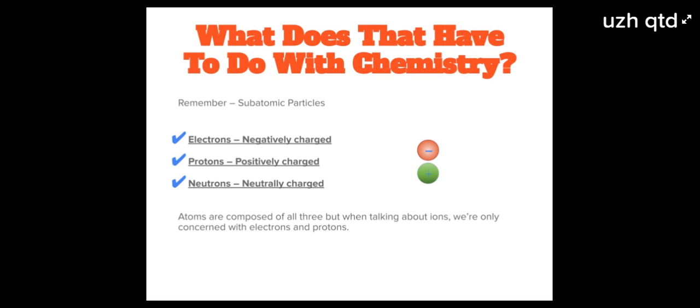So what is all of that with the circles and the color wheel and the dots and the net green? What does all of that have to do with chemistry, which is the portion of physical science that we're exploring currently? Remember your subatomic particles.